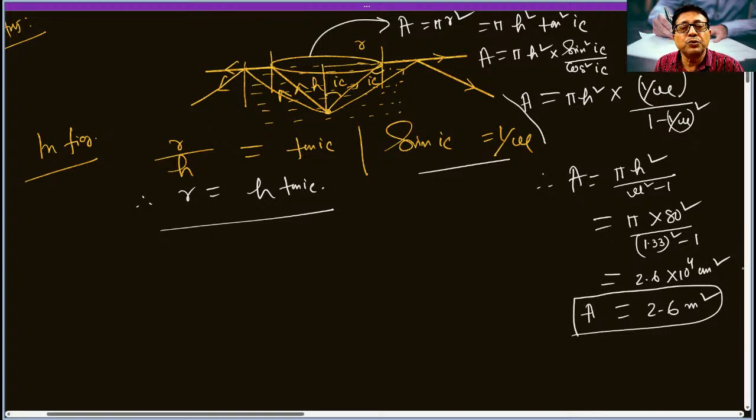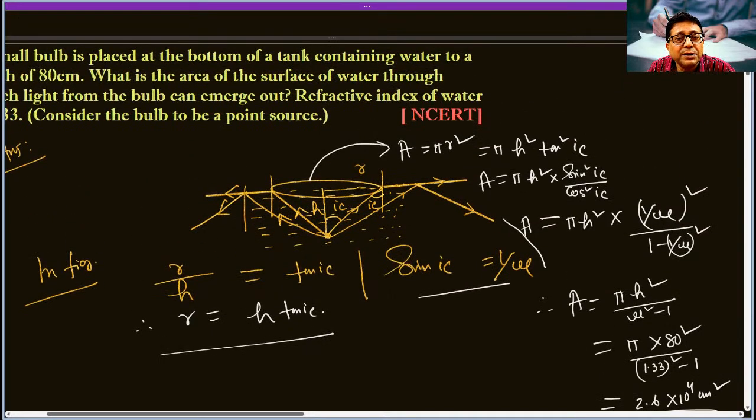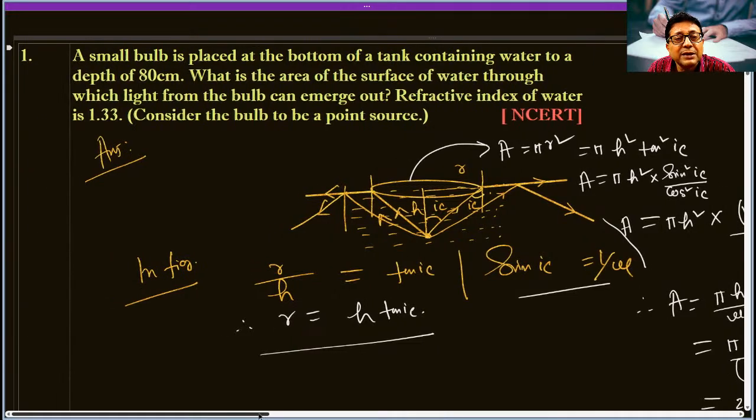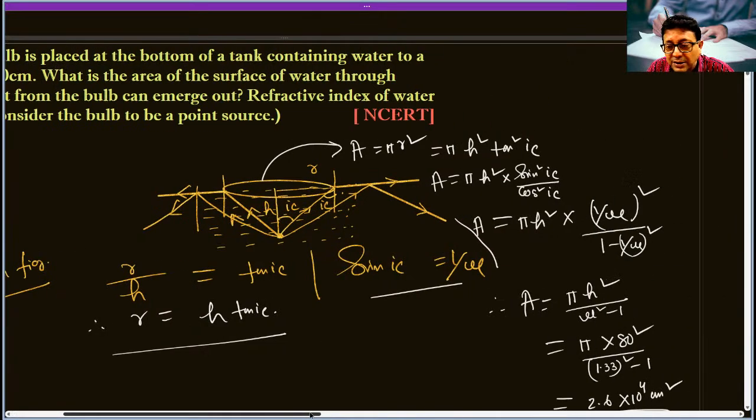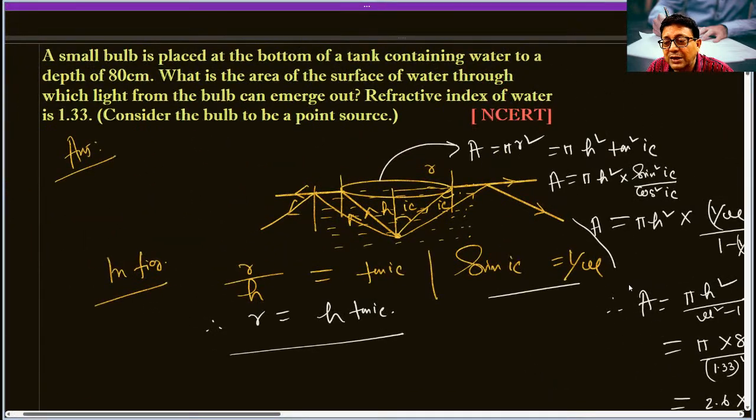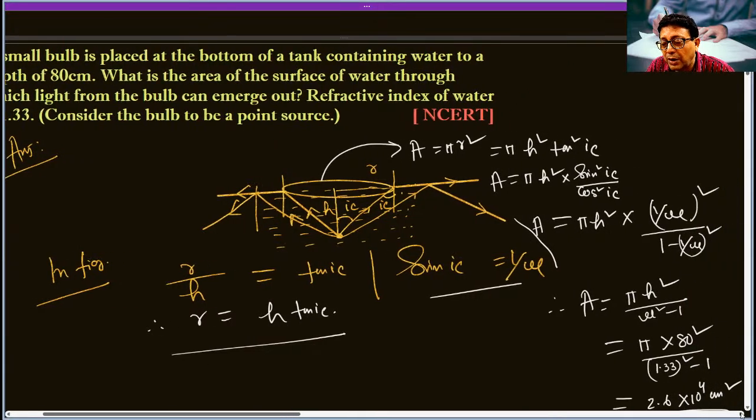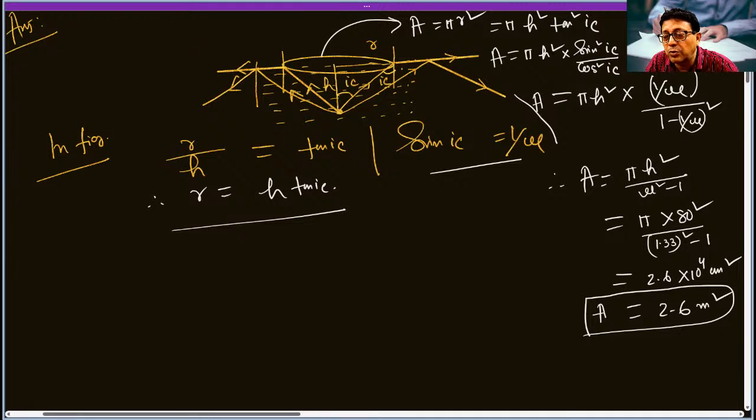The area of the region through which the light will come out is given by 2.6. Area of surface of water through which light from the bulb can emerge is given by this. That is 2.6 into 10 to the power 4 centimeter square, or 2.6 meter square. Clear?